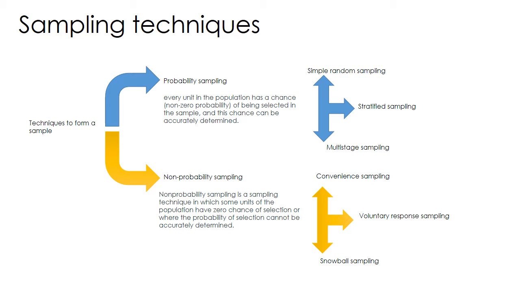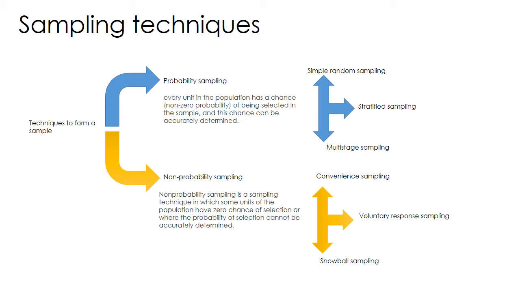We call them probability sampling and non-probability sampling. Probability sampling is trying to say that every participant in your sampling frame has an equal opportunity to be in the study. Among the types of probability sampling are simple random sampling, stratified sampling, and multi-stage sampling. There are more probability sampling types, but these are among the most commonly used.